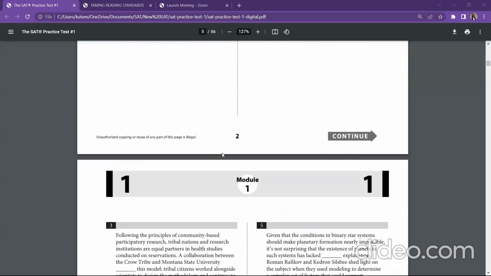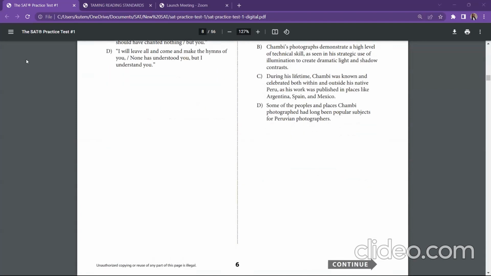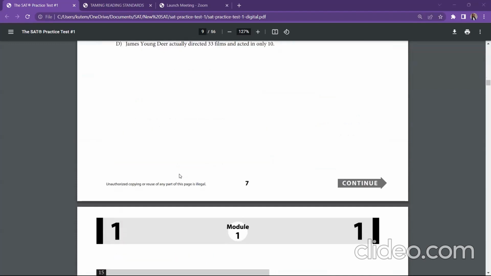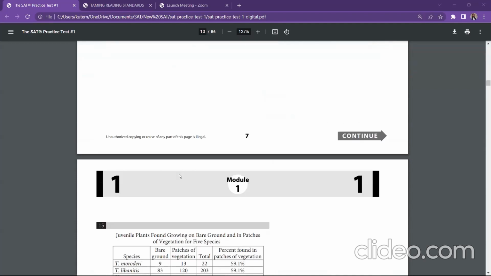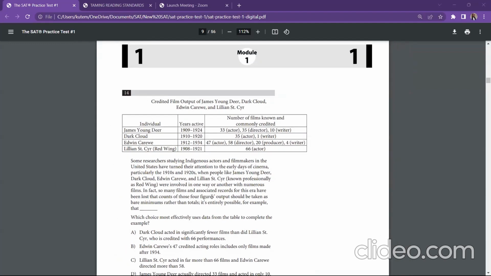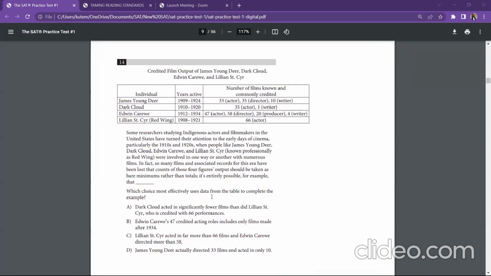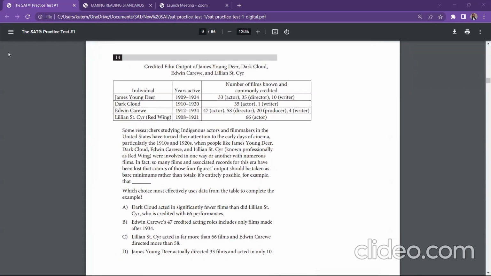Okay, so we're going through the infographic questions in this paper just to apply what we looked at. We have questions 14 and 15. Just to go through what we said, you're going to have information that helps you to understand what the graph is talking about.